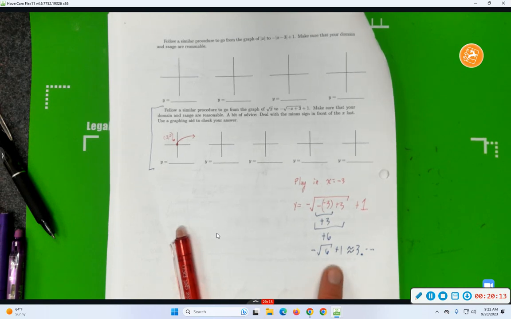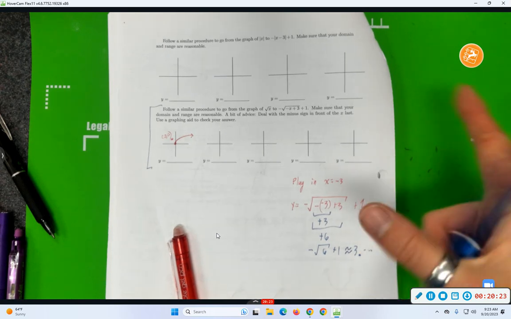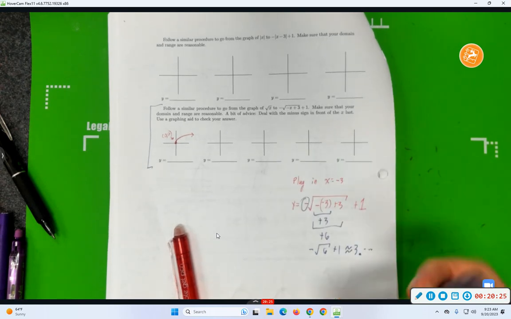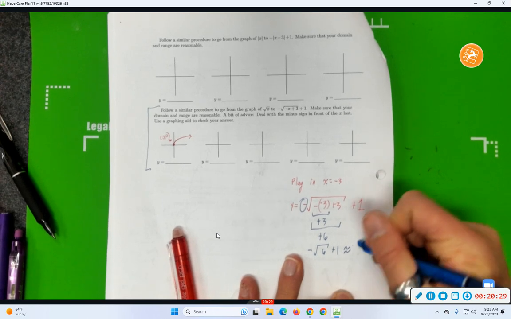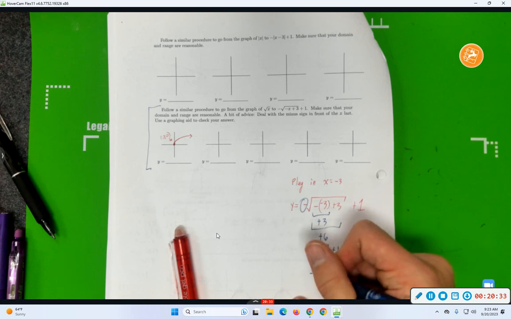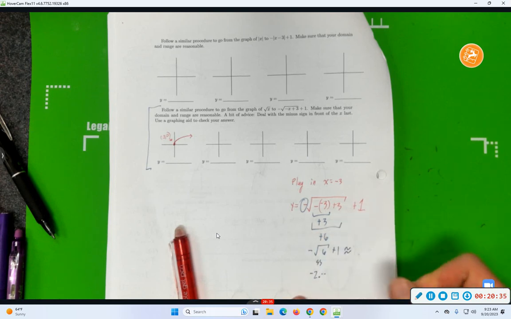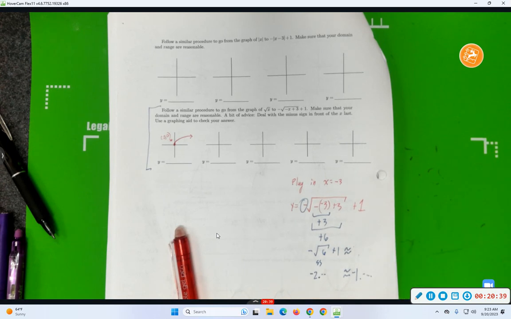When I plugged in x equals -3, I got something bigger than... Oh, because I lost this negative sign, didn't I? Yeah. So let's see, that negative root 6 on its own is -2 point something. So I think the whole thing will be -1 point something. Okay, good save.